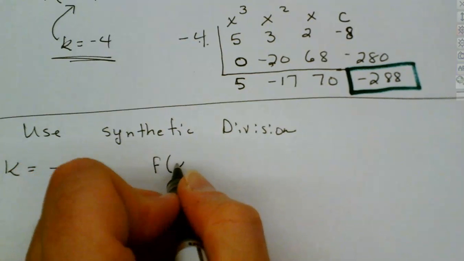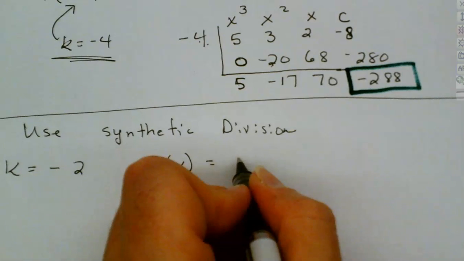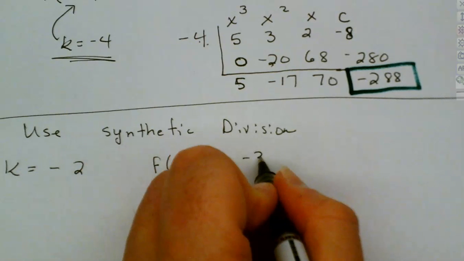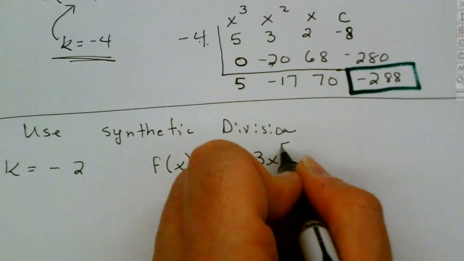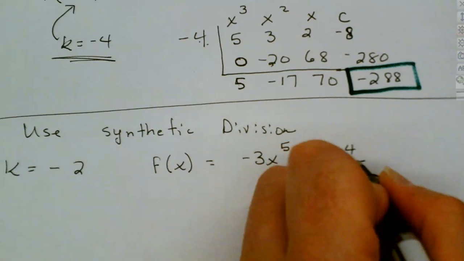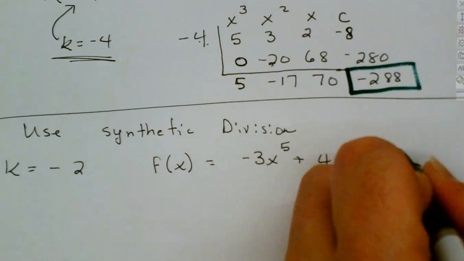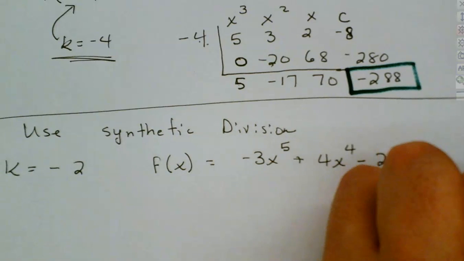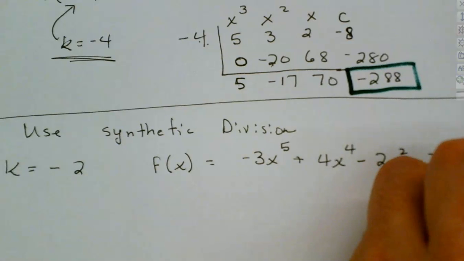And here's your function, f of x equals minus 3x to the 5th plus 4x to the 4th minus 2x squared plus 3x plus 5.